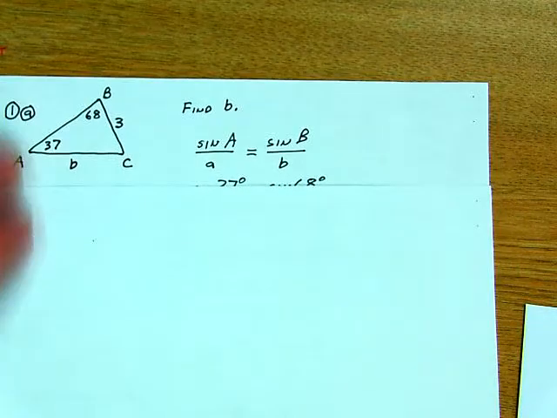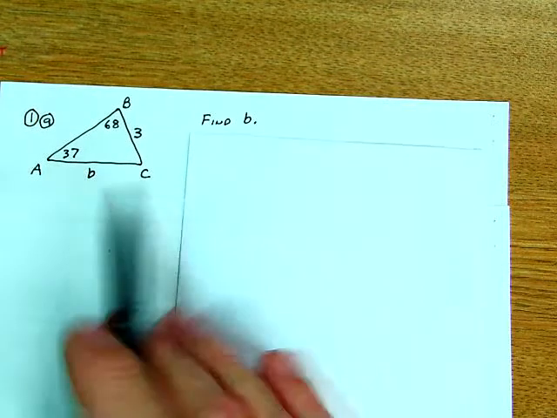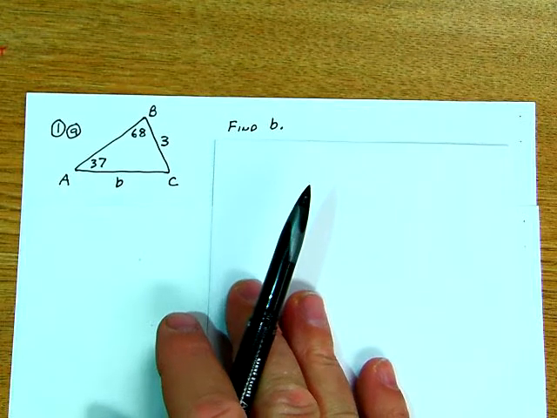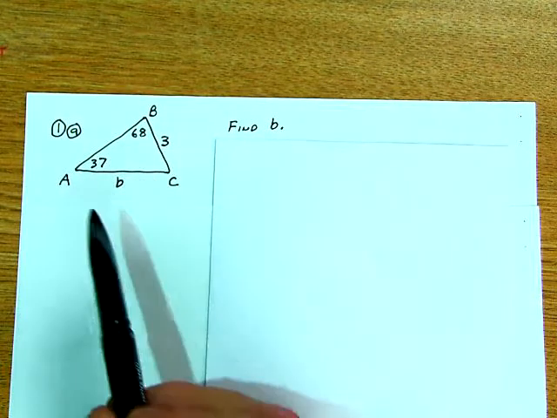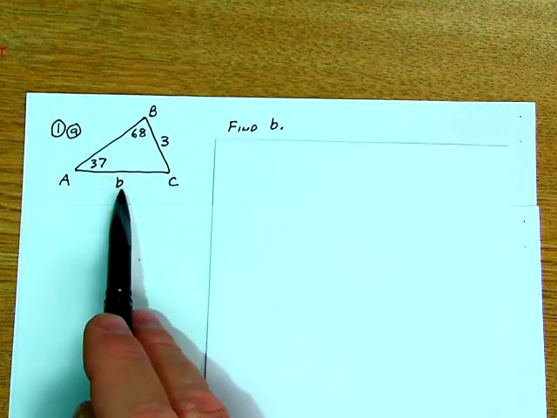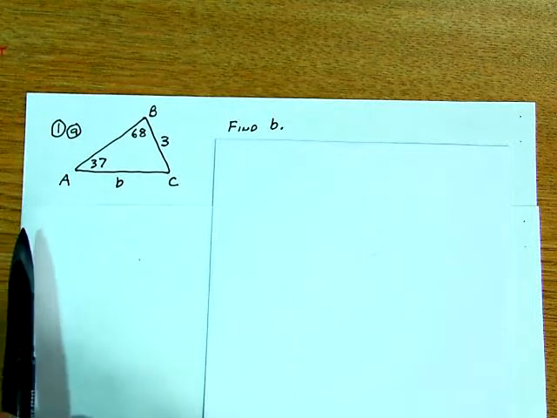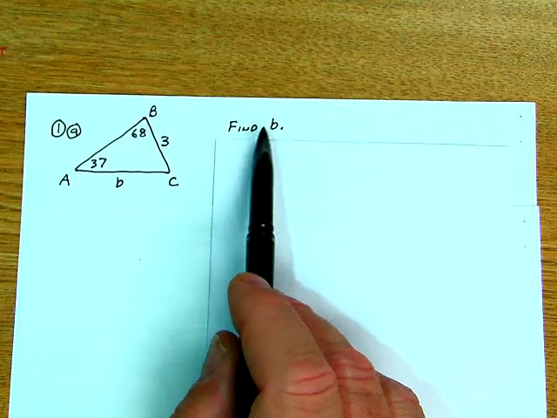Example 1A in your book basically says this: given this triangle right here, ABC with the following degrees, b is what we're looking for, and 3 is the side opposite of the angle A. We're just trying to find b.